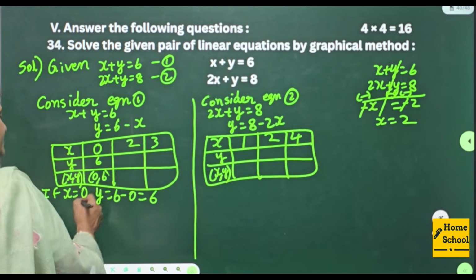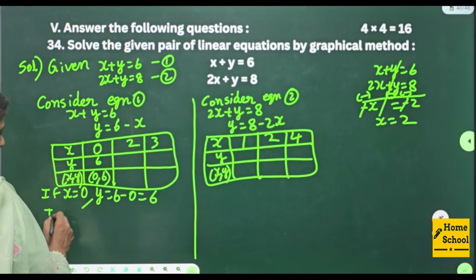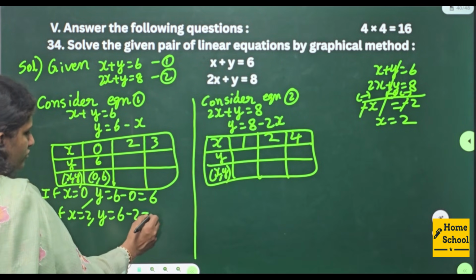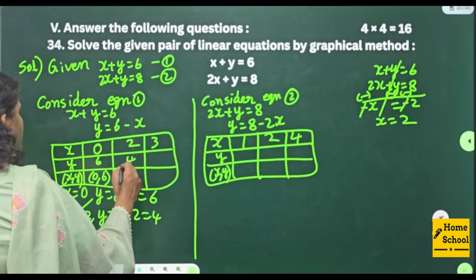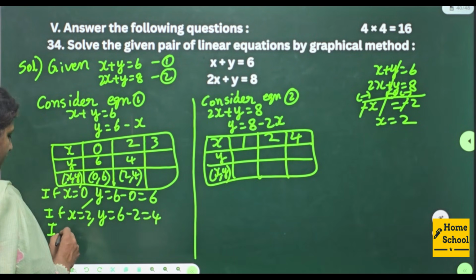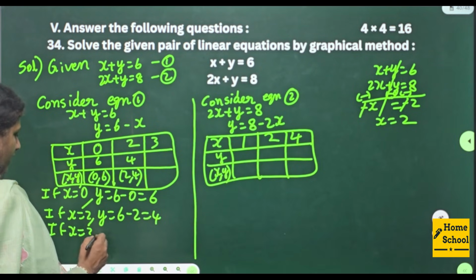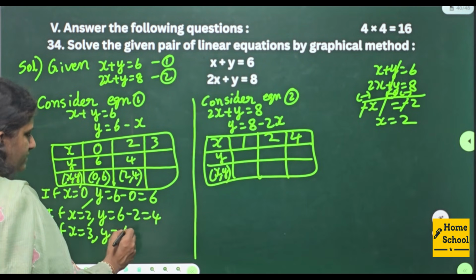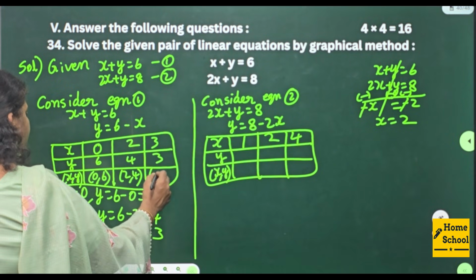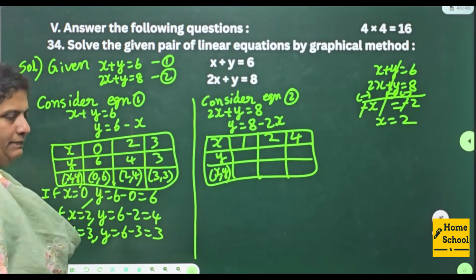Your coordinate is 0, 6. If x equal to 2, y is equal to 6 minus 2, that is 4. Coordinate is 2, 4. If x equal to 3, y equal to 6 minus 3, that is 3. And your coordinate is 3, 3.